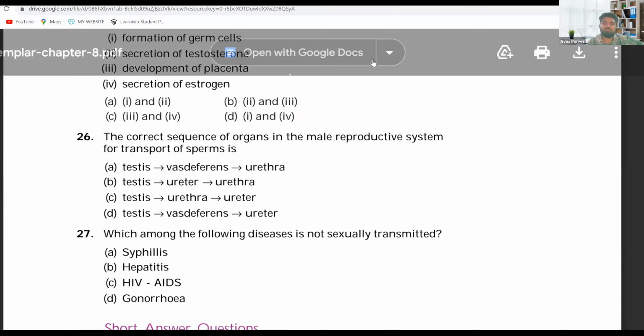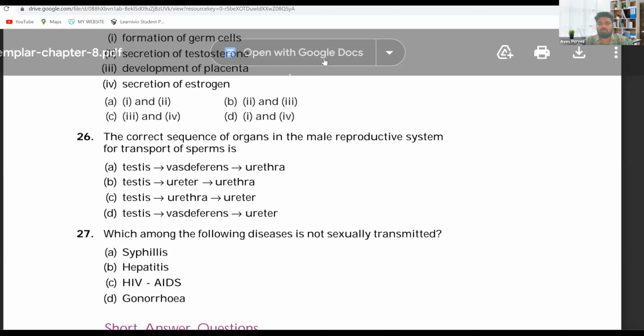We have written this in the notes also. Let me show you. This ureter is connected to the kidney, right? It is the connection between the kidney and the urinary bladder, which temporarily stores the urine.